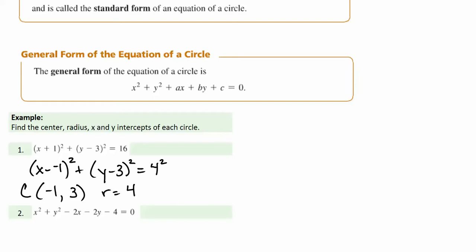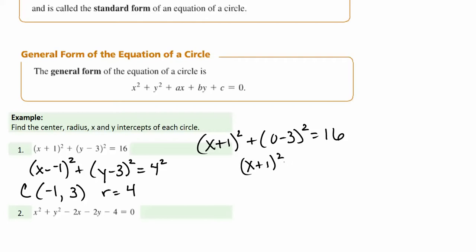Now, to find your x-intercepts, remember, plug 0 in for y, and we're going to review an algebraic skill to solve this. So we'll have (x plus 1) squared plus (0 minus 3) squared equals 16. So we have (x plus 1) squared is equal to 16 minus 9, because negative 3 squared is 9, which is 7.